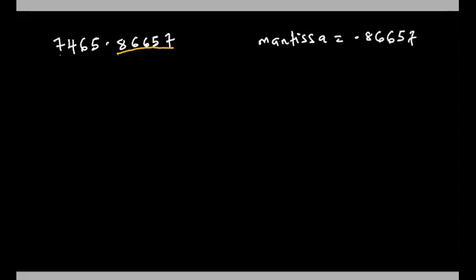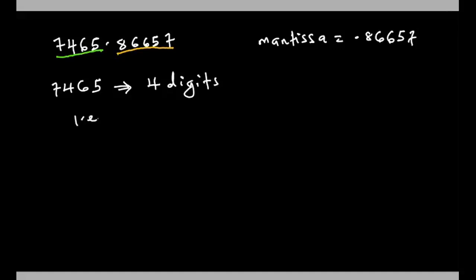Now what about the characteristic? It's just this whole number here, which is 7465, which implies 4 digits.